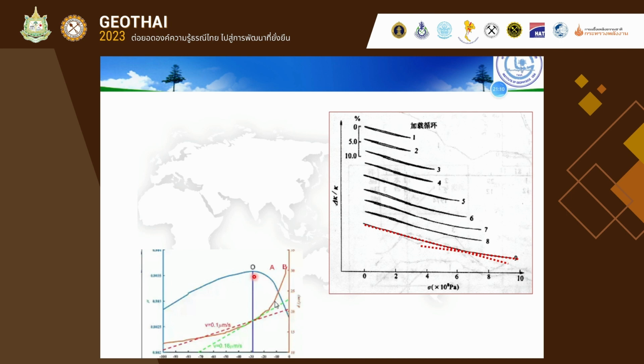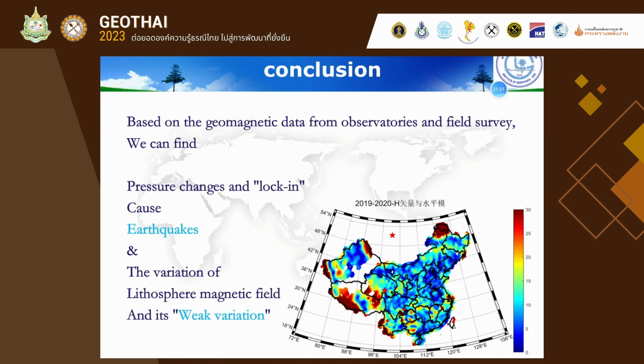There's another result also: we press the rock in a room, and as we push, the pressure increases again and again. But before the rock breaks, the change of pressure becomes zero. So the variation of pressure is zero, and the variation of the source field magnetic field is also zero. That also supports our conclusion based on geomagnetic data from observatories and our arrows.